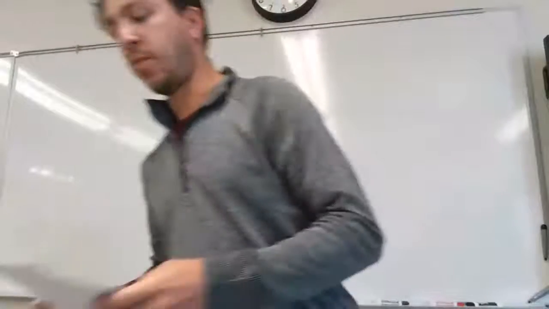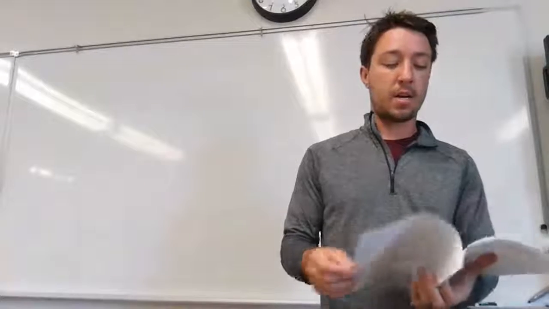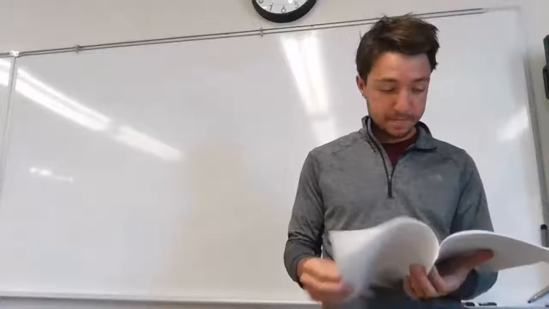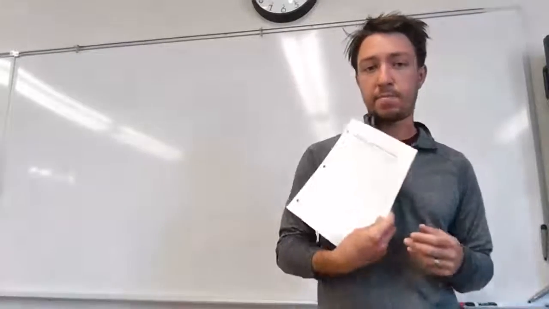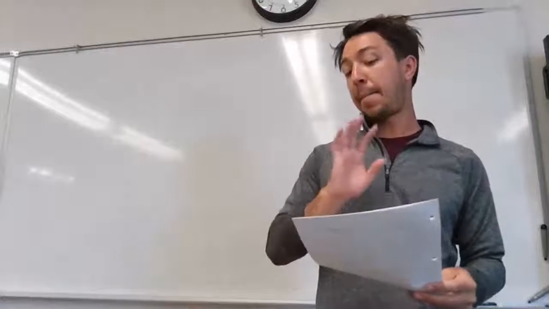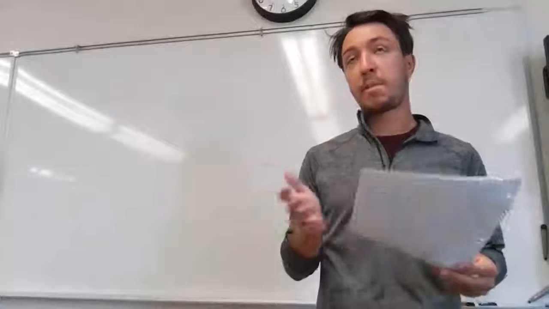So if we take a quick skim through this, you'll see that it covers a decent amount of stuff relatively quickly. The first page is your basic parent functions. It might not pop out to you right away, but each one of those is a parent function.